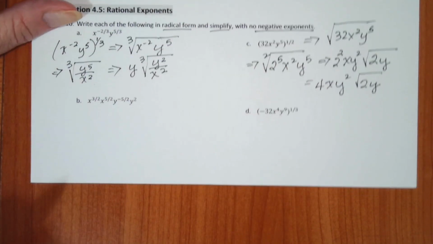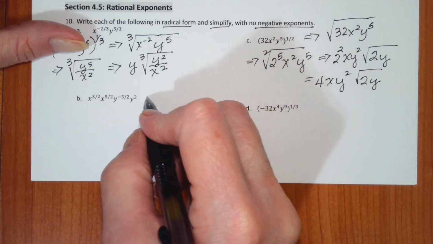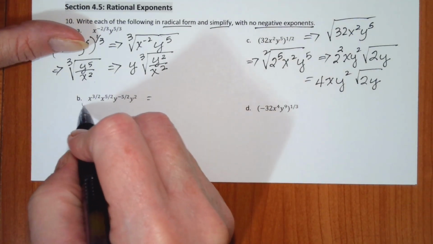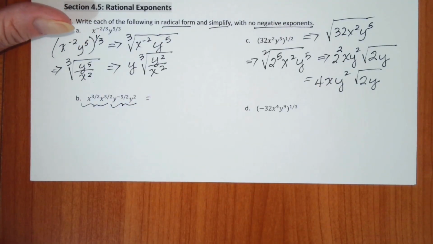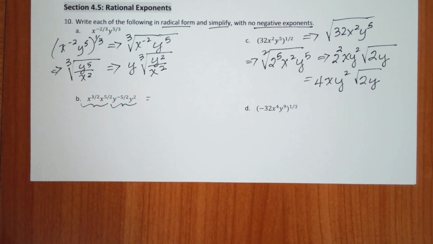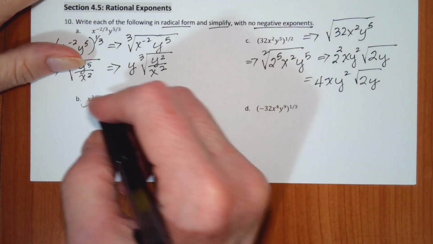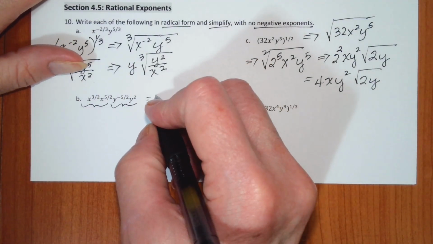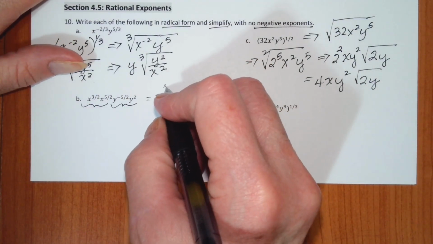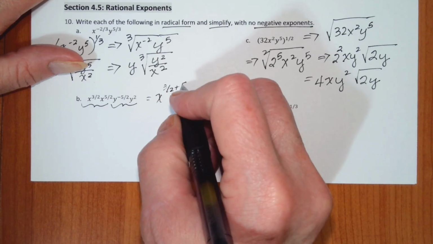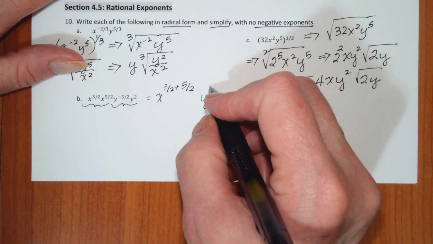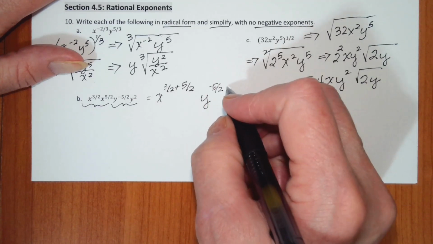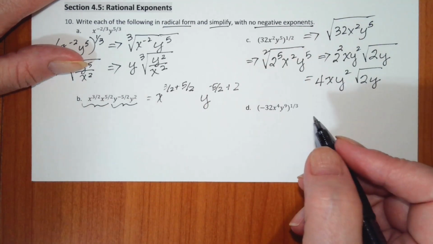Okay, let's see what I have to do on this one. All right. Well, I know I've got x's here and I've got y's here, so I can turn those into a single base with an exponent by adding these exponents. So this becomes x to the 3/2 plus 5/2, y to the negative 5/2 plus 2.